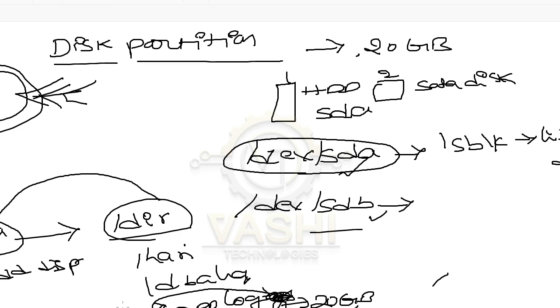Before we mount, we definitely need to create the partitions. You can create partitions SDB1 and SDB2. Or say I want to attach this 20 GB to DBA logs and app logs, 10 GB for each.